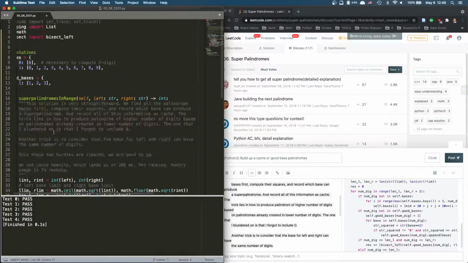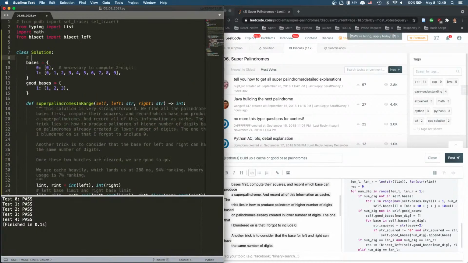And I'm going to say these two: cache for all palindromes of different number of digits.